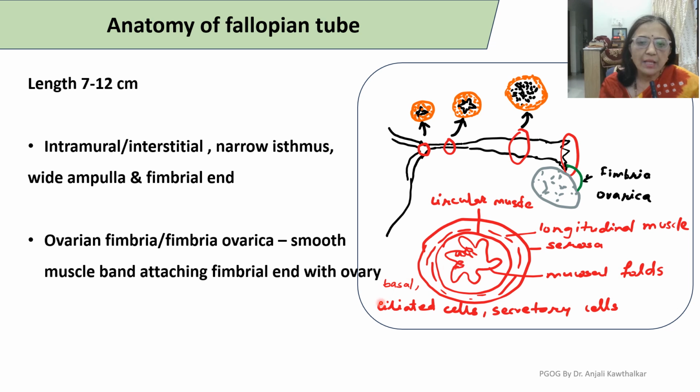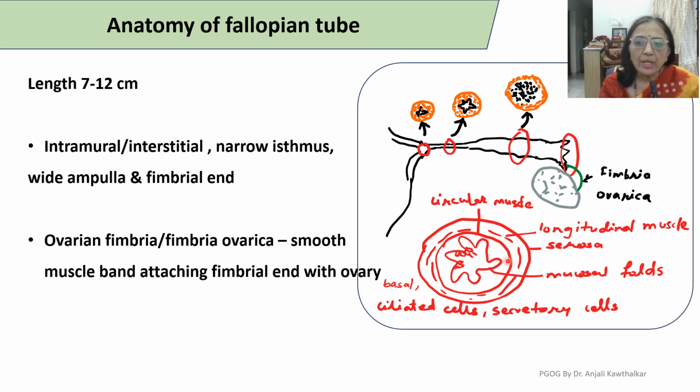One is the basal cell, another is the ciliated cells, and the third type is secretory cells. The secretory cells secrete secretions inside the fallopian tube continuously. Ciliated cells are responsible for the ciliary action, which helps in the transport of sperms as well as the fertilized ovum in the fallopian tube.